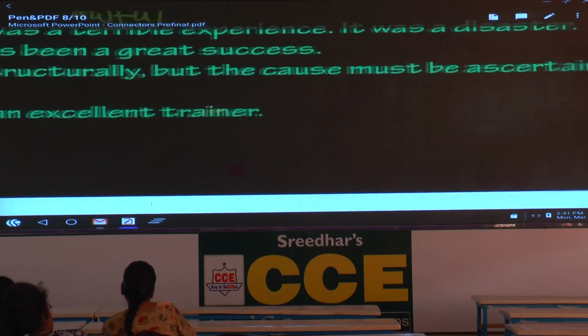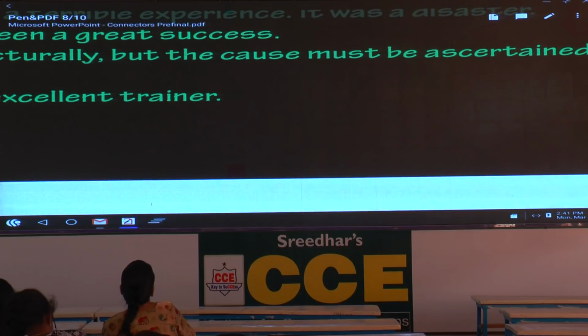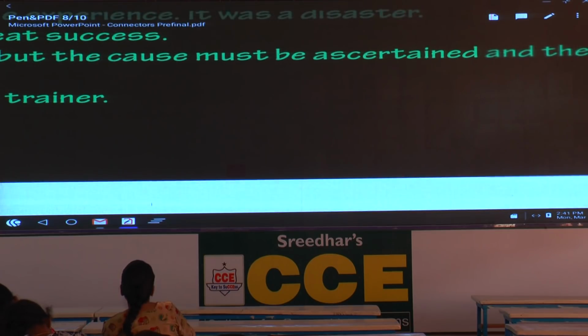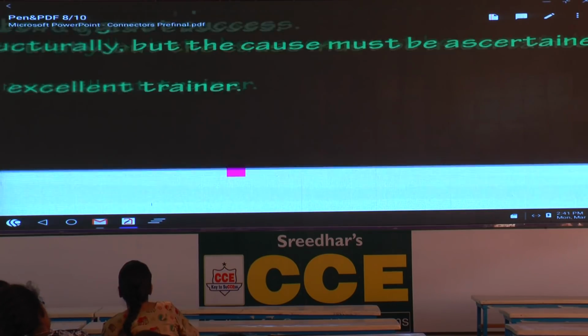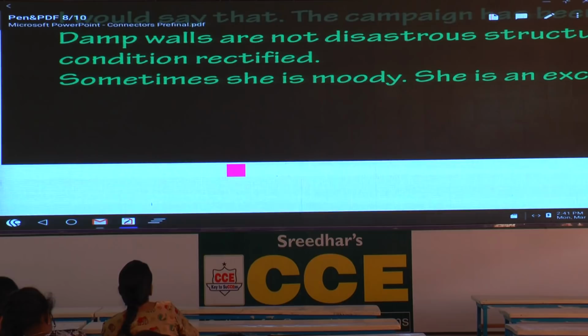But the cause must be ascertained. The cause must be ascertained and the condition rectified.